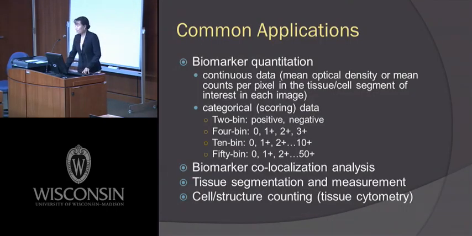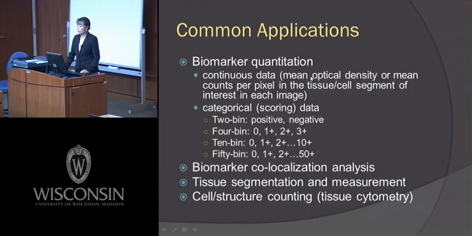So the common applications, broadly speaking, fall into 4 categories: biomarker quantitation, biomarker co-localization analysis, tissue segmentation and measurement, and cell structure counting. For biomarker quantitation, you can obtain continuous data, which is mean optical density or mean counts.